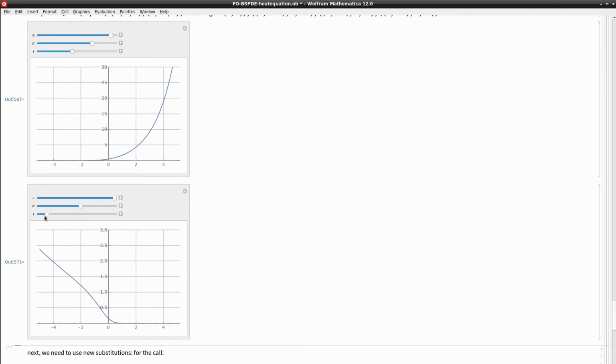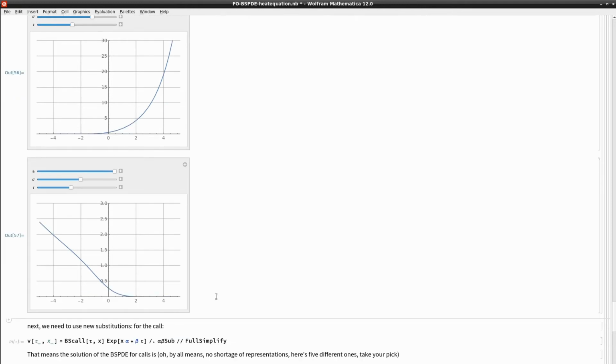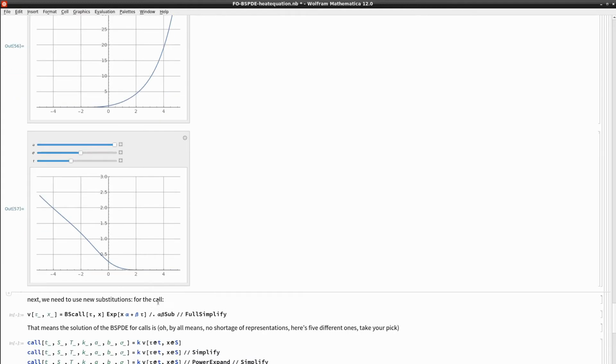But we see several characteristics that we would expect. For example, we come down to 0 at the strike as the time goes down to 0. Reminder, tau is time, and we see really this kink here when we have tau as 0, and it's getting smooth as tau gets larger. So intuitively this looks fairly good, as we would expect.